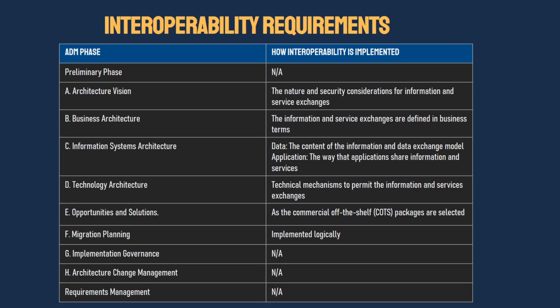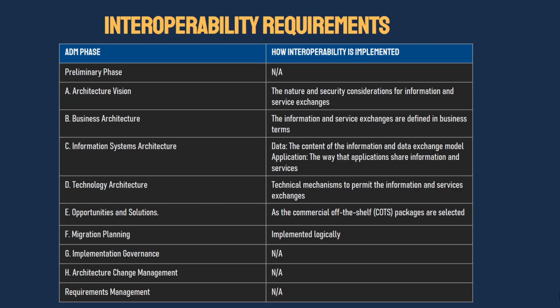In the architecture vision phase, interoperability is addressed when we are talking about the security considerations for information and service exchange. In the business architecture phase, we discuss interoperability when we are discussing the information and service exchanges as they are defined in business terms.